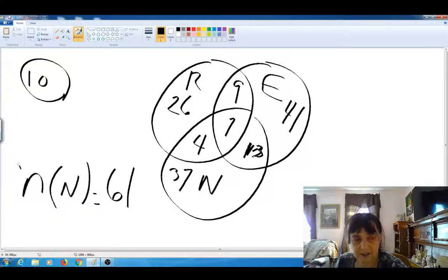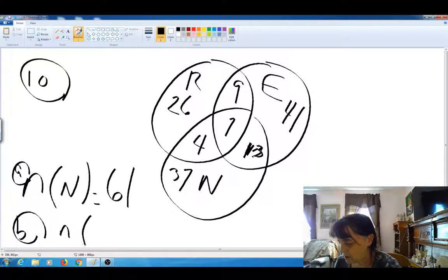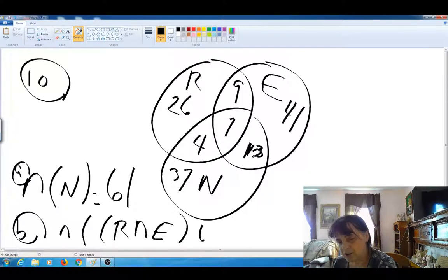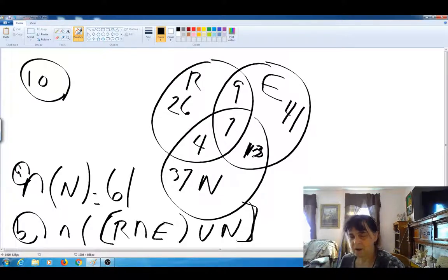Okay, B. Number of elements in R intersect E union N. Okay, R and E meet at 9, 7, and you union that with set N, so it'll be 9 plus 7 plus 4 plus 13 plus 37.